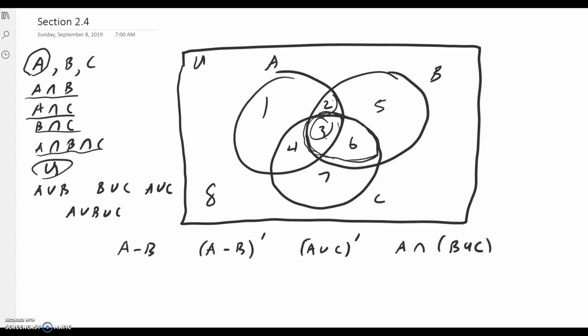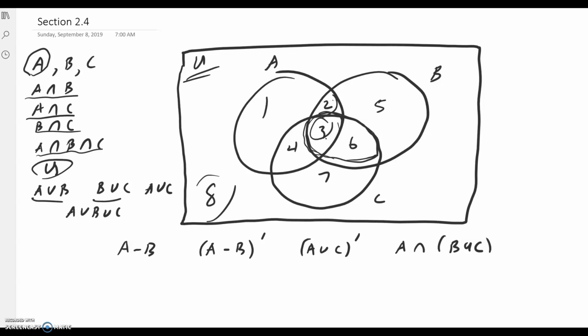What about the universe? What numbers are in the universe? Well, it's 1, 2, 3, 4, 5, 6, 7, 8. 8's outside the circles, but still in the universe of the problem. What about A union B? Everything in A and B together. So we have 1, 2, 3, 4, 5, 6.